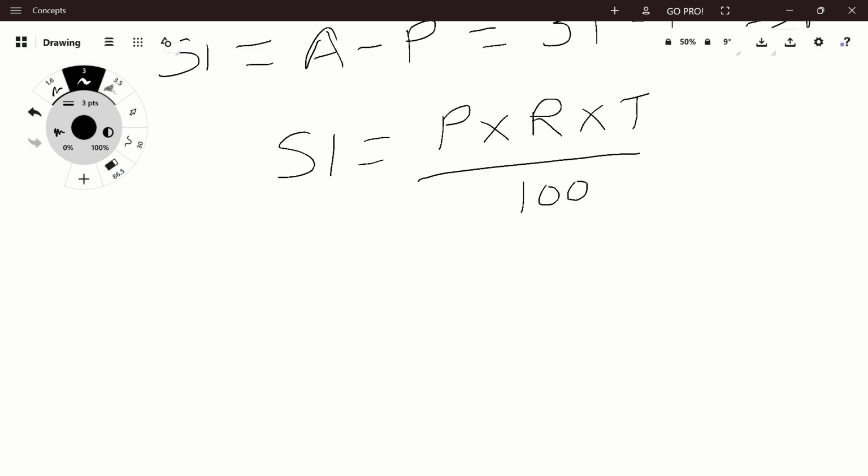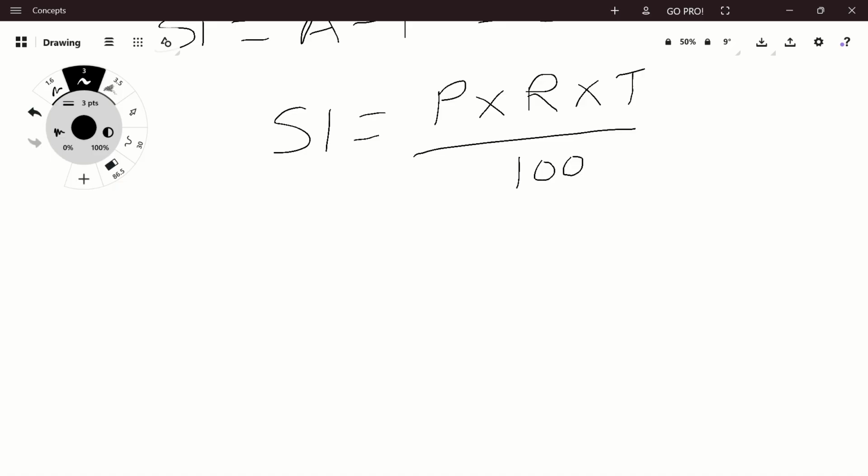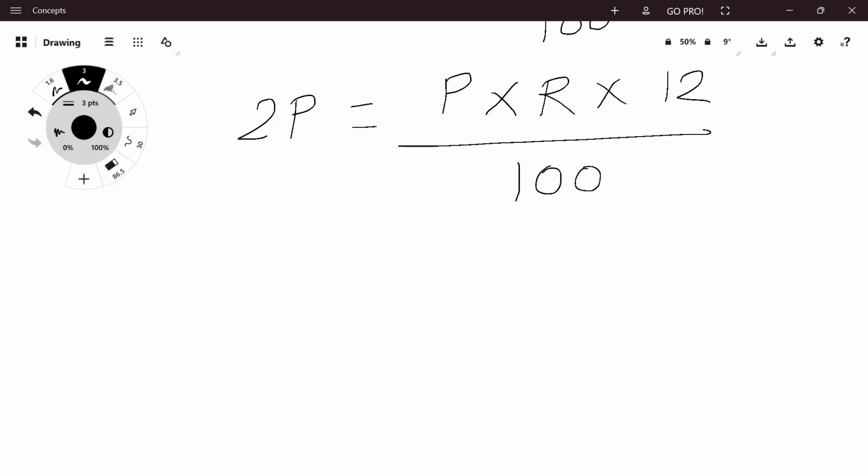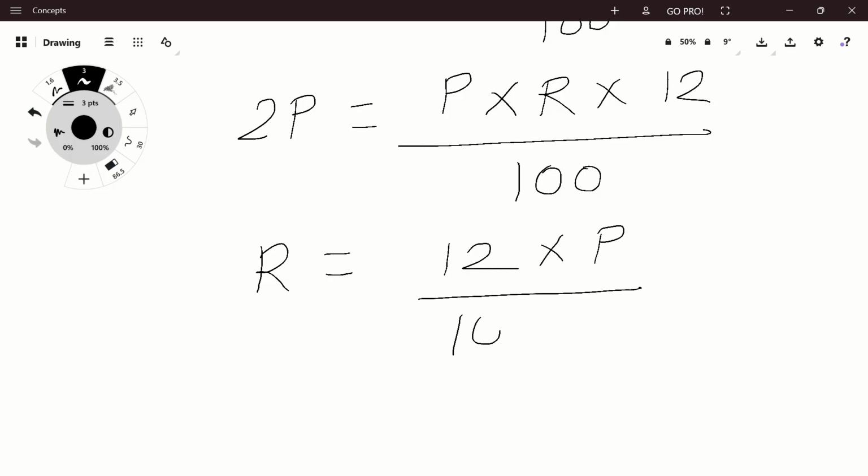Now substituting the known values into the formula, we get 2P is equal to P into R into T, which is 12 upon 100. Now solving for the rate of interest, we get R is equal to 12 into P upon 100 into 2P.